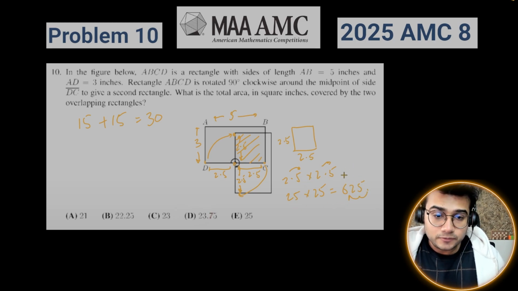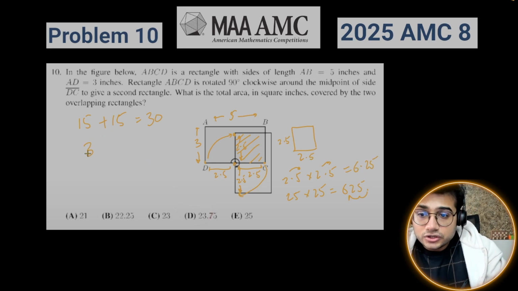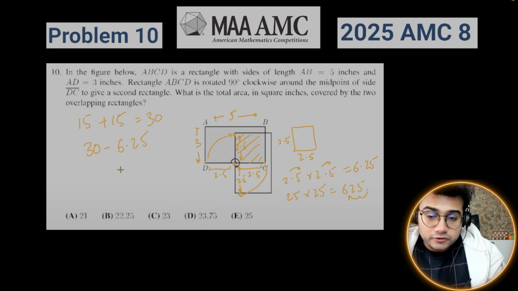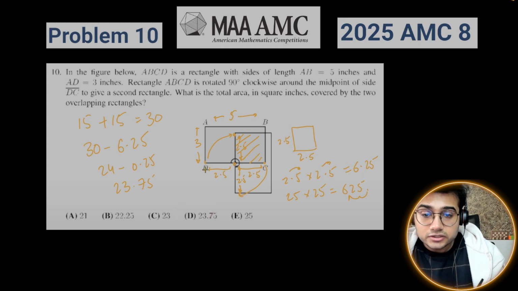So 2.5 times 2.5 is 6.25. Now 30 minus 6.25, well, 30 minus 6 is 24, and 24 minus 0.25 is going to be 23.75. So that's the area covered by the 2 rectangles, which is all of this area.